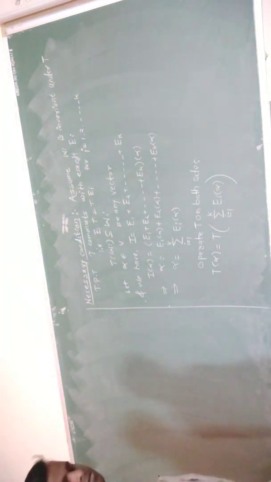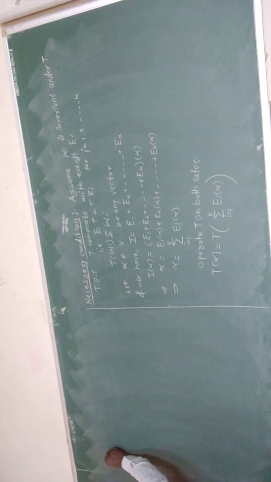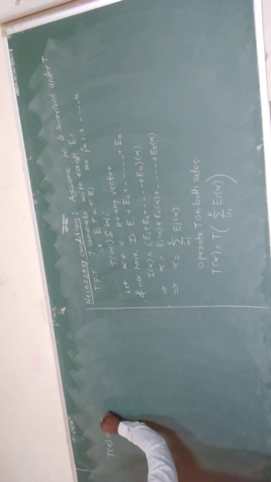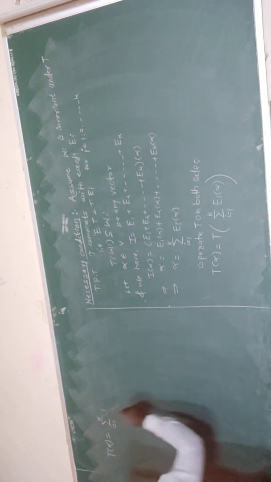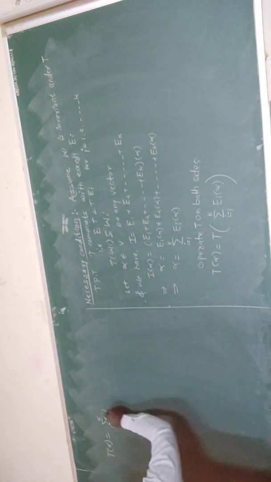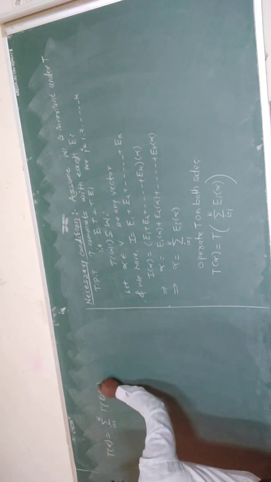Since T is linear, we can write T inside the summation: T of alpha is equal to summation i equal to 1 to k T of E_i of alpha.